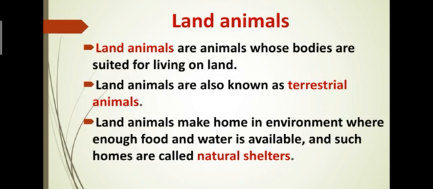Land animals or terrestrial animals are animals whose bodies are suited for living on land. Land animals make their home or natural shelter in places where they get enough food and water.